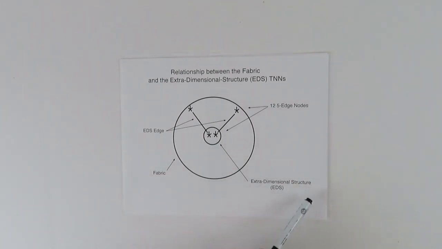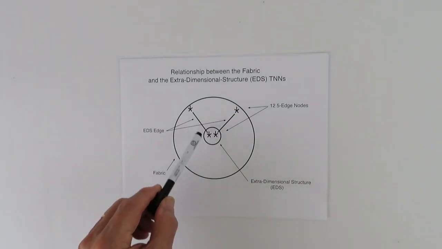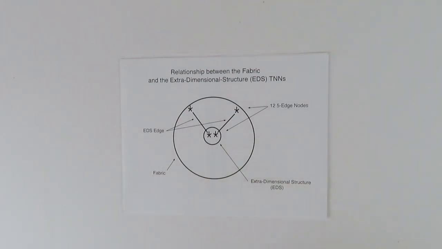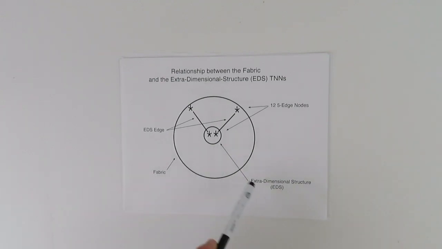So this is the EDS structure as opposed to EDS structure edge. So what we have now are two triangular neighborhood networks, the fabric, so-called, and the EDS, so-called. EDS, the extra dimensional structure. And this is pretty nice.